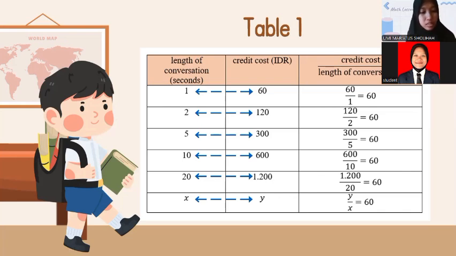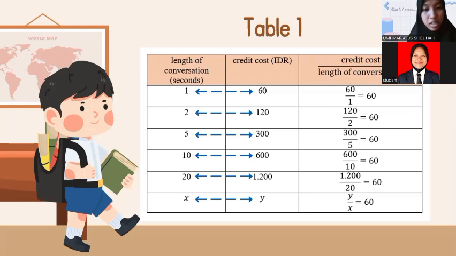From this, the equation is y equal to 60x. In this case, it is said that y is directly proportional to x because the value y is the result of multiplying 60 by x, and the value of y depends on the value of x.